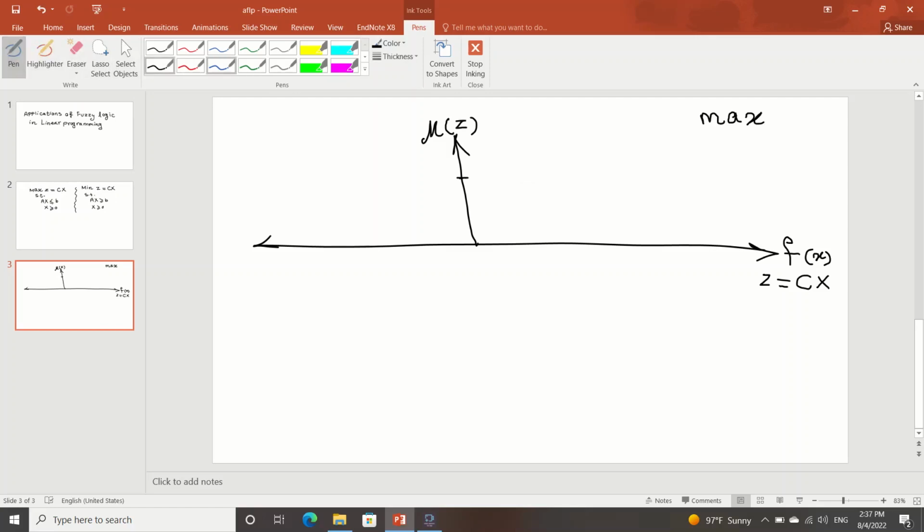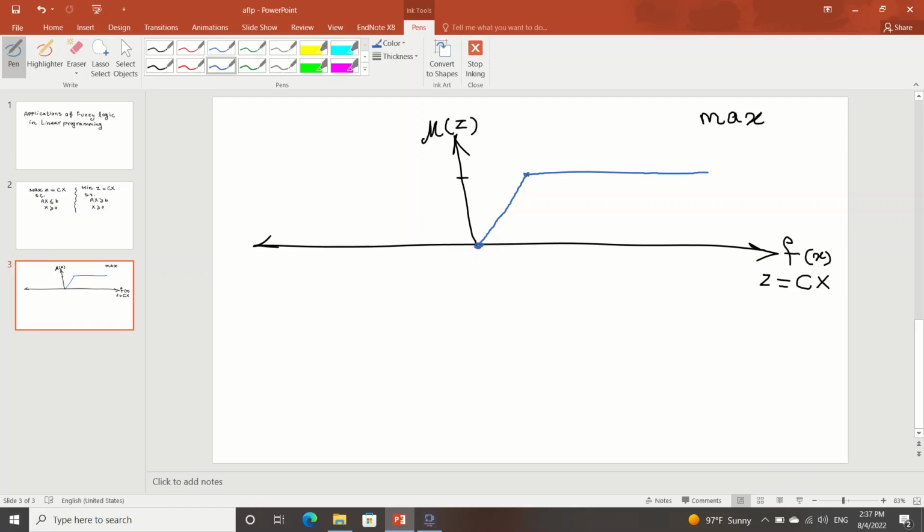the sloping line from this point, for example, to this point, and then the parallel line with the horizontal axis. And what does it mean?